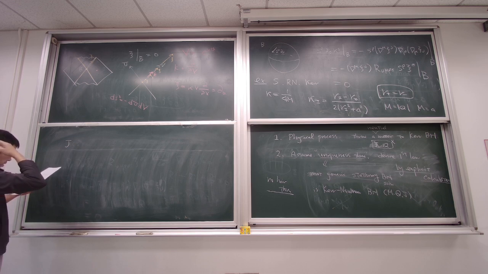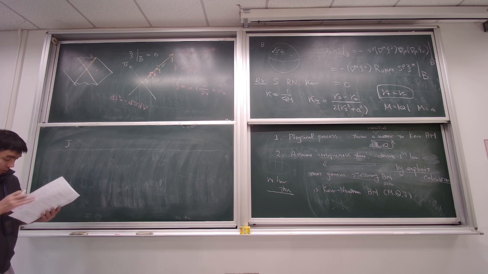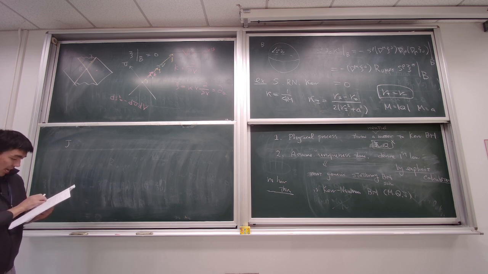Yeah, my notation is horrible actually. I don't know why I use J here. This is horrible notation. I think I wrote somewhere that this J is not the angular momentum, but it's still confusing.